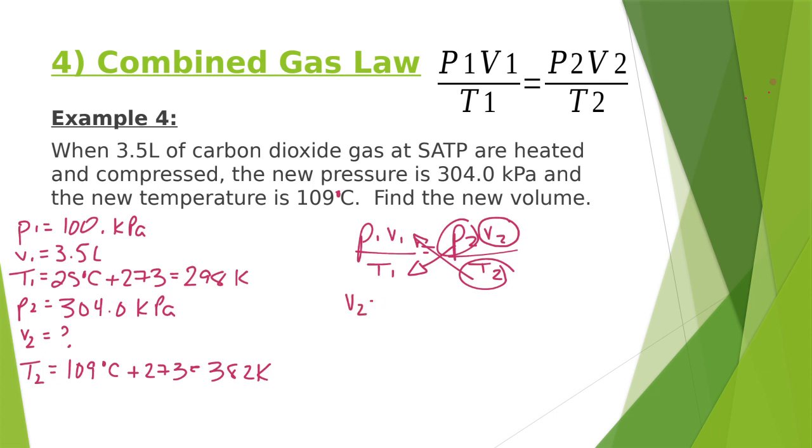So that V2 is equal to P1 V1 times T2 divided by T1 and P2. You have to be very, very careful here that you're putting the right variables in the numerator and the denominator. I'm going to let you insert that, calculate this for yourself. The answer that you should be getting here, rounded to sig figs, is 1.5 liters.